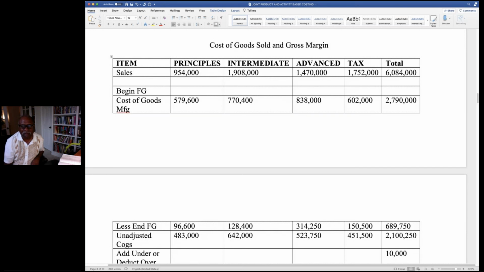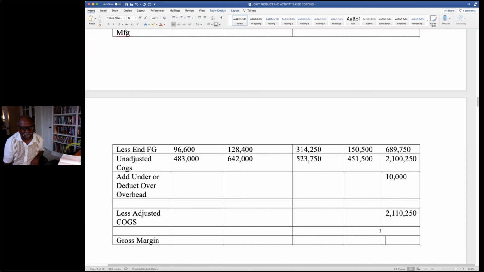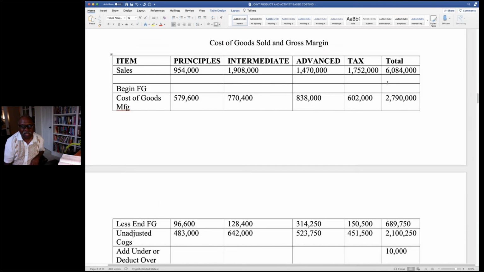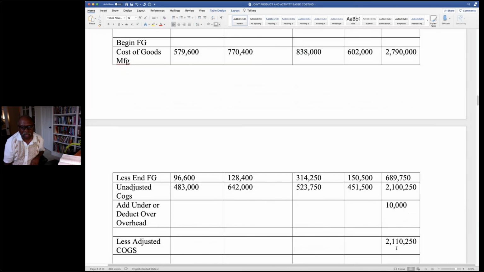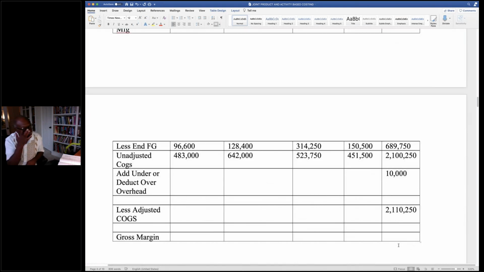See that? The books cost you 2,001,000. So how much did you make? The sales was 6 million, cost was 2 million. How much did you make approximately?